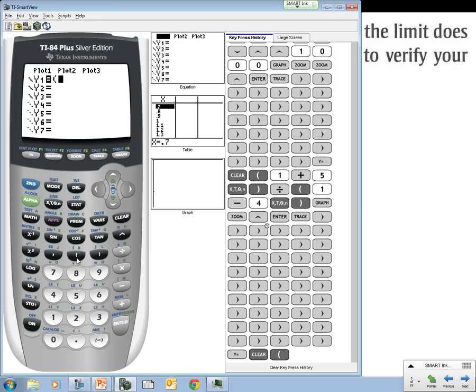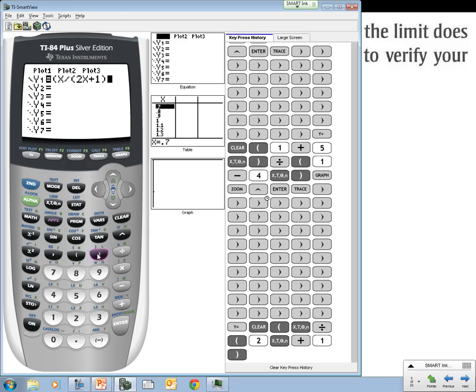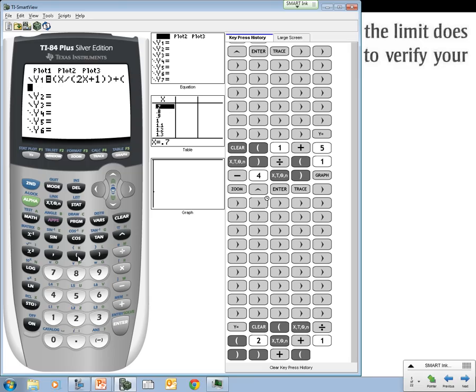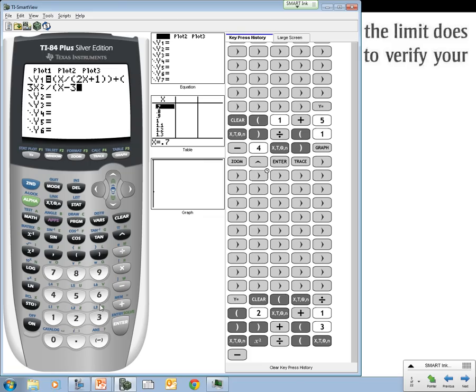So we've got big parentheses, x divided by 2x plus 1, closing parentheses, and plus, big parentheses, and our first one is going to be 3x squared divided by x minus 3 squared, and then closing parentheses.